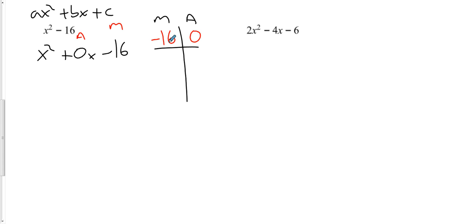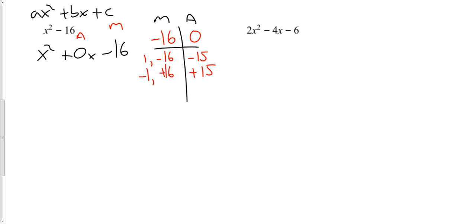So what numbers multiply to negative 16? One of them has to be a positive number and one of them has to be a negative number. If I do positive 1 and negative 16, that adds to negative 15, so that doesn't work. If I do negative 1 and positive 16, that adds to positive 15.